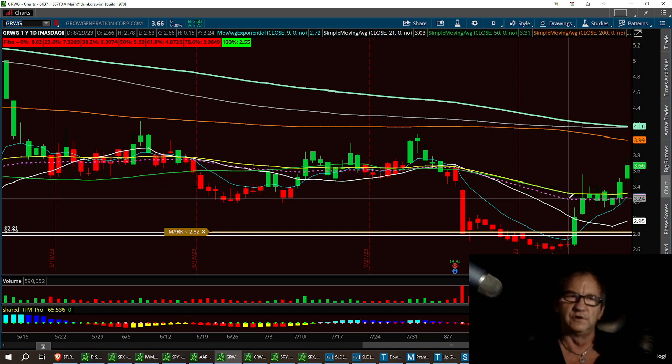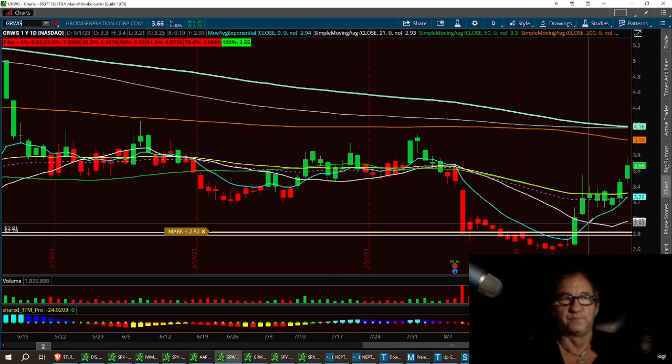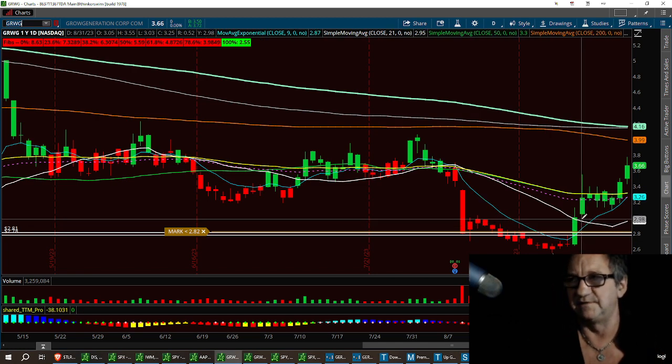Now, the 51 is one of my favorites when it comes to taking scalps and swing trades. And we're on the daily here, and we got the 9 crossing over the 21, which is bullish. I use the 9 EMA and try to cross the 21 SMA, and when that happens, I'm pretty well hooked on the trade. So I talked about that during this here run.